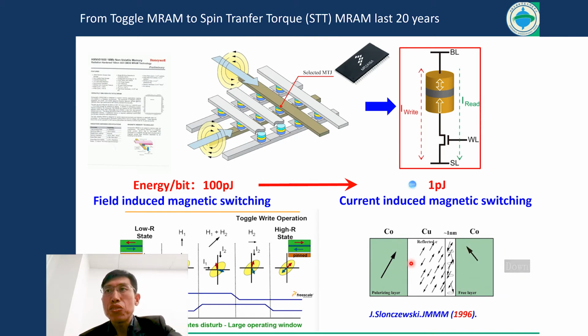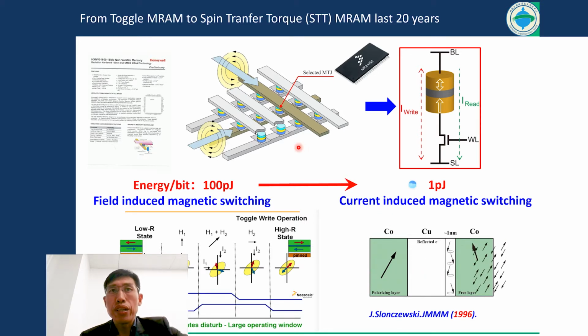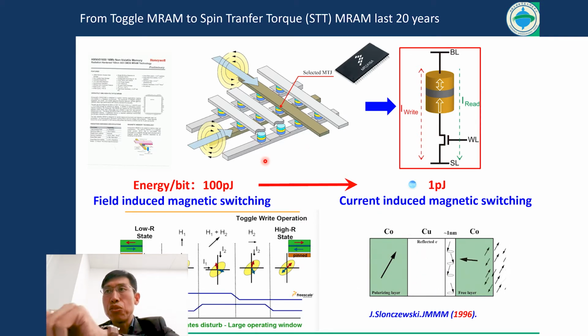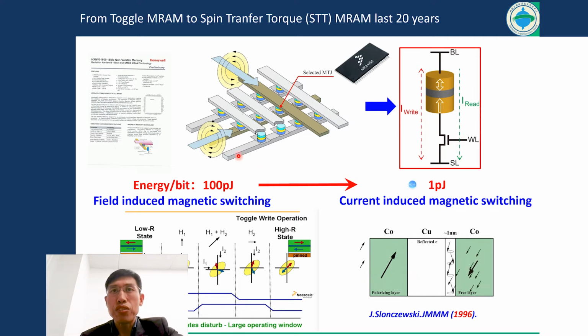However, the major drawback of this system is its power dissipation. Due to the use of the magnetic field for switching, its power efficiency is very low. We need at least 100 picojoules per bit for switching.